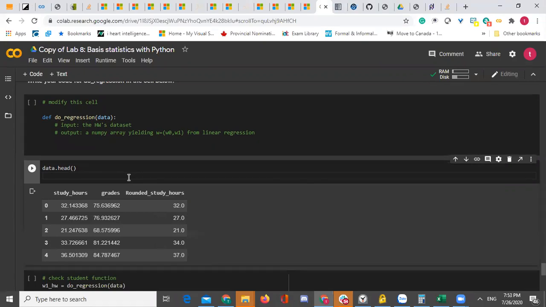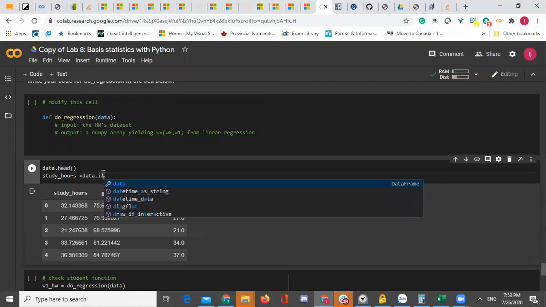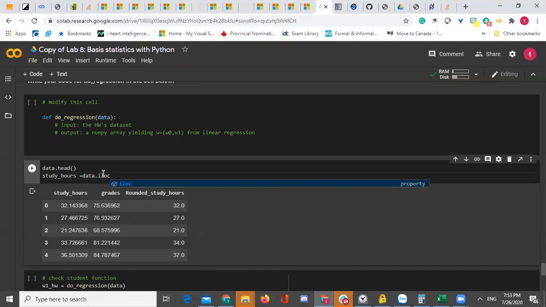Because I saw in your code something like new axis. Yes, there was something like that. But the first time, you should get the two vectors. You have them already in the data frame. What you have to do is create a matrix of one column containing one everywhere, and the second column containing the values of the study hours.